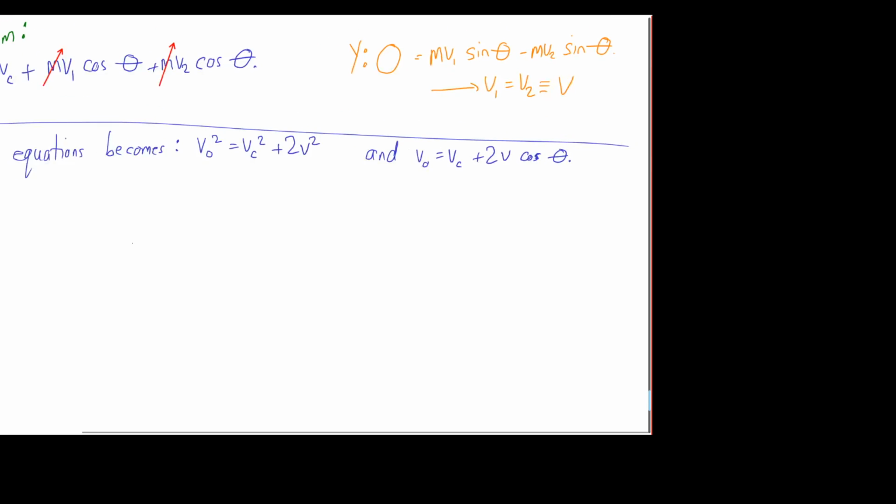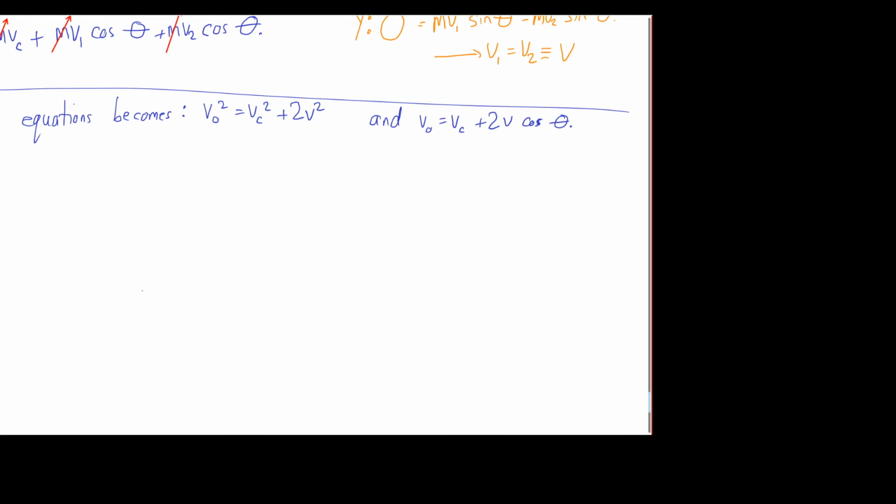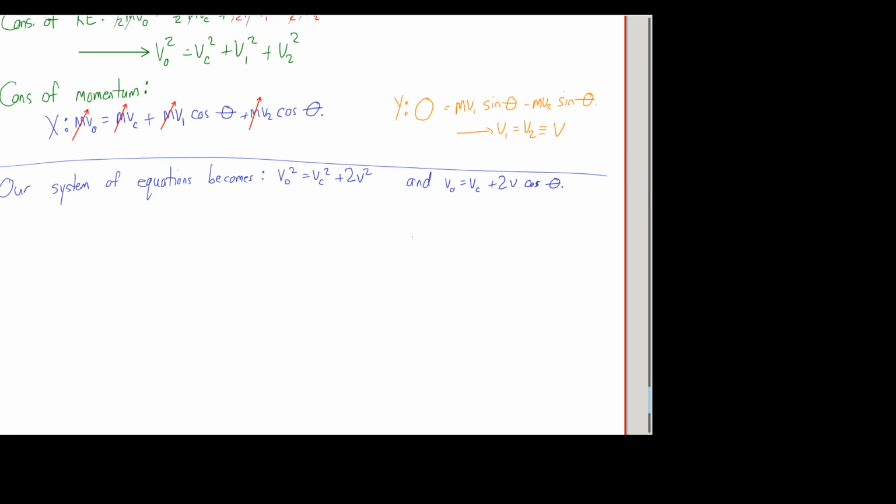Anytime you have an elastic collision, you're going to have algebra that's a little bit painful, because here I've got two equations, one of which has a square and one of which doesn't. So the approach that I'm going to take is to solve the energy equation for the velocity of the cue ball and substitute into the momentum equation.